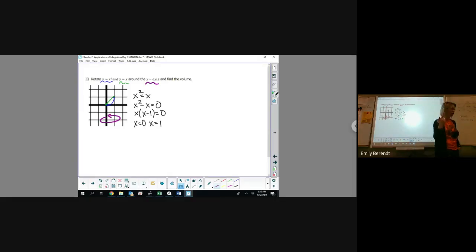So those would be the points of intersection for the x bounds, but we don't want points of intersection for x bounds. We want points of intersection for y bounds. So you would have square root of y equals y. It comes out to be the same thing. Square it, we get y equals y squared, minus y equals 0, same shebang.